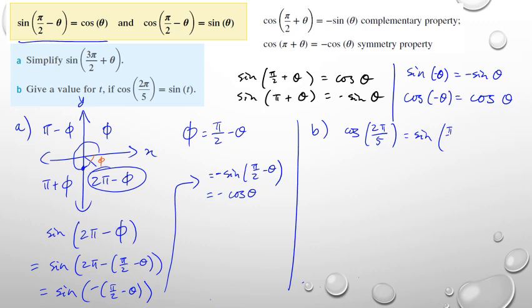So we just do pi on 2 minus whatever angle we have, which is 2 pi over 5. Then we just simply have to work this out in fractions. So we have 5 pi over 10 minus 4 pi over 10, giving us sine of pi over 10.